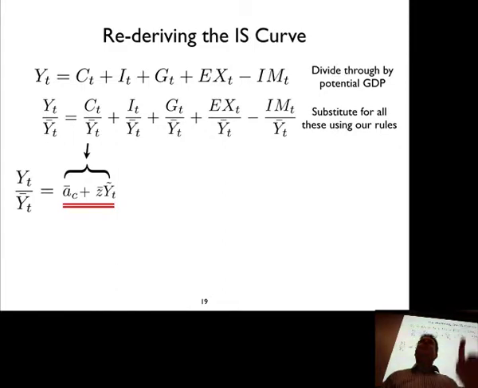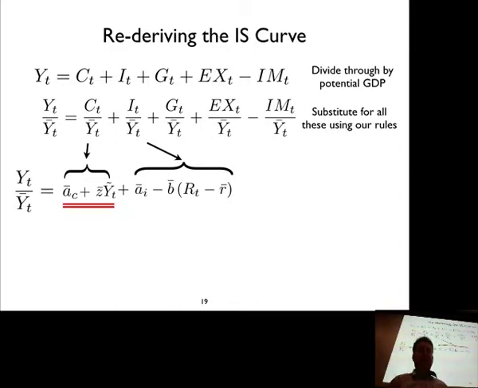Okay, so back to the story here. What's different now is that there's this Z Y tilde that shows up on the right-hand side, because consumption now has this extra term. It fluctuates along a little bit, along with Y tilde. So actually, just backing up, in words, what does this stuff with the red lines under it mean?